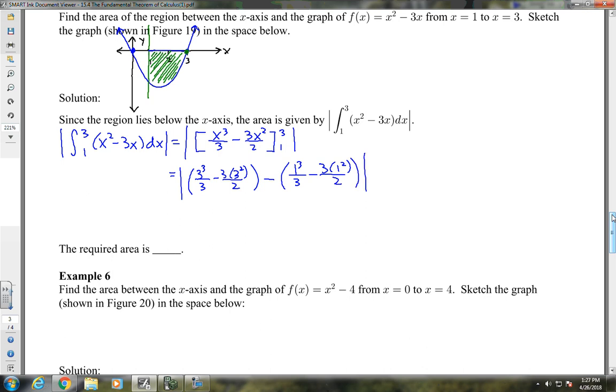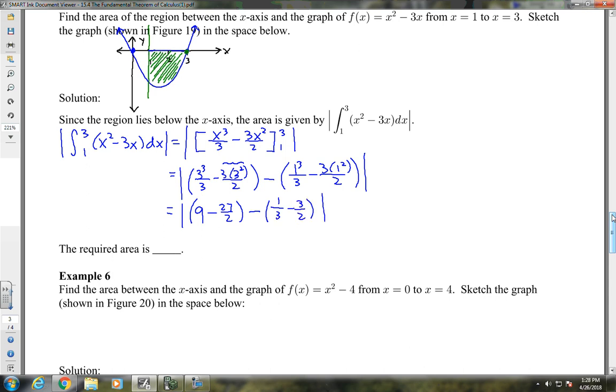Okay, so let's work on our calculations. 3 cubed is 27. 27 divided by 3 is 9. Looks like we have another 27 right here. 27 over 2. Working on our second parenthetical element, we have 1/3 minus 3/2.